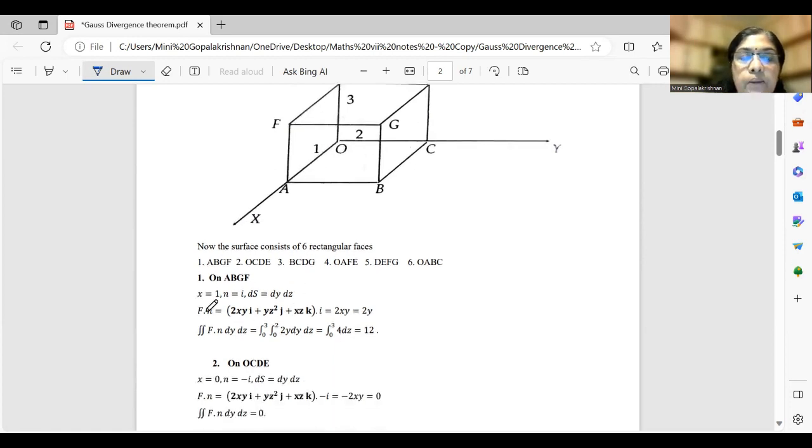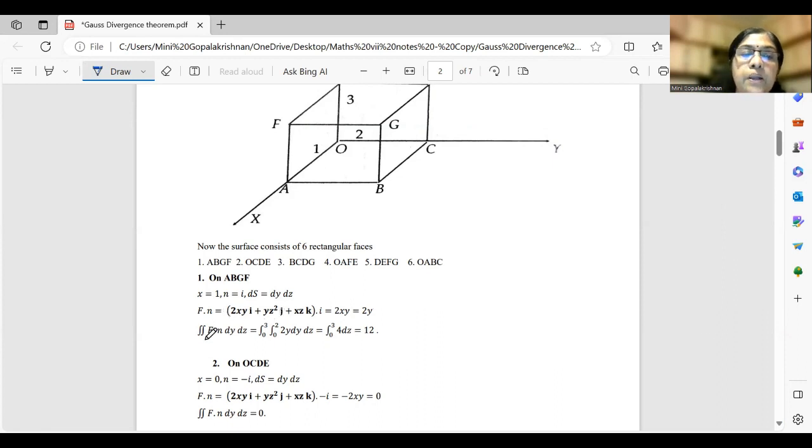So to calculate the double integral, we need the f dot n value. F we have, and n becomes i. So we take the dot product between f and i. We have j dot i and k dot i becoming 0, which leaves us only with i dot i. So our value is 2xy, and at the same time we have our x value as 1. So 2xy becomes 2y.